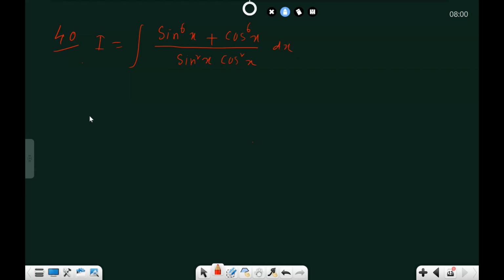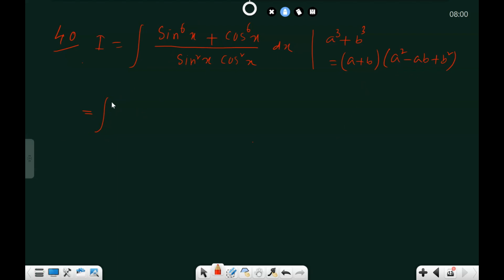And this is equal to, you see, what to do with this problem. Very sincerely, I have a formula in algebra for a cube plus b cube. What is the formula for this? Factor formula. That was a plus b whole into a square minus ab plus b square. This was a formula, and this can be used here.